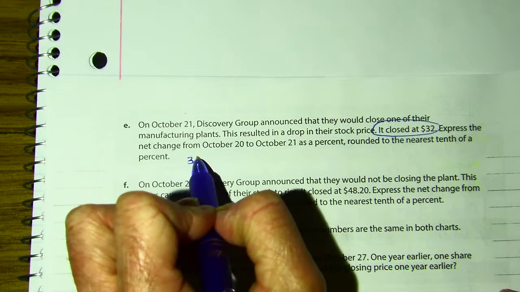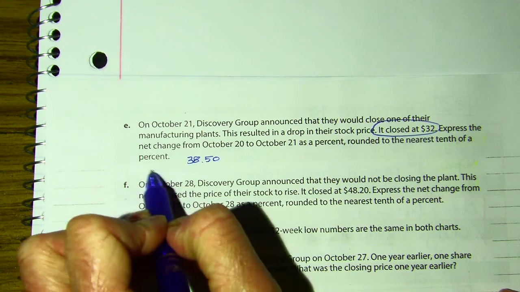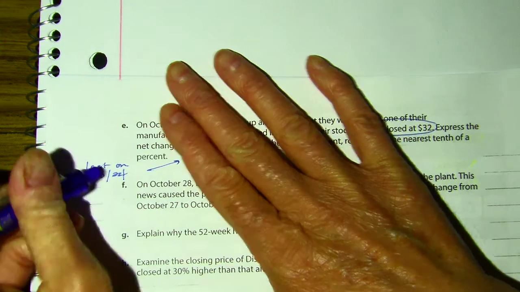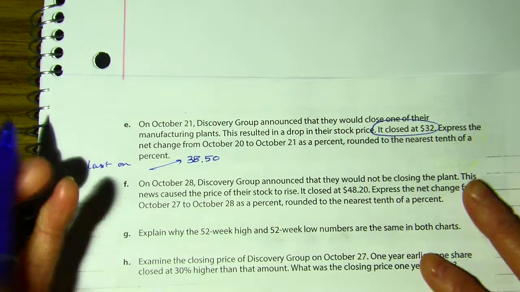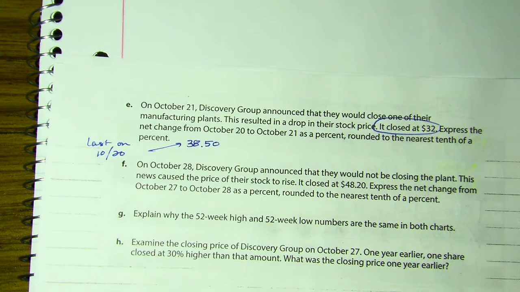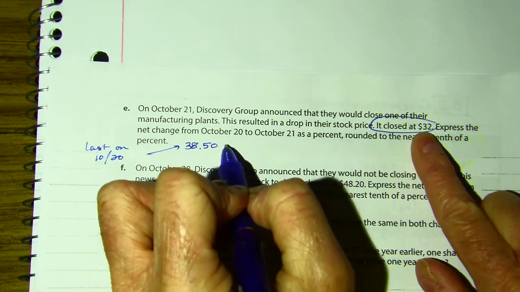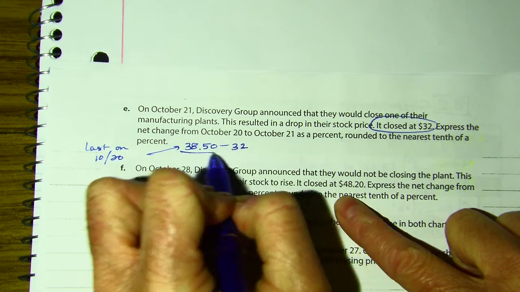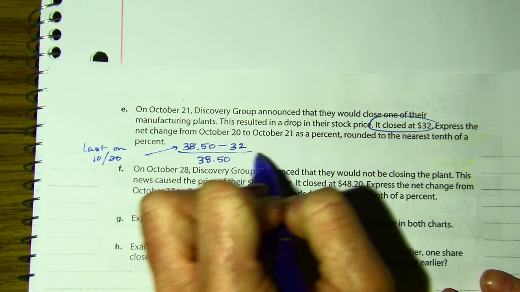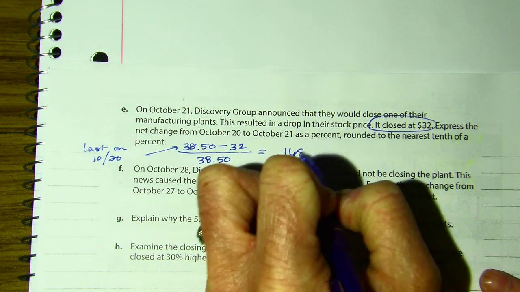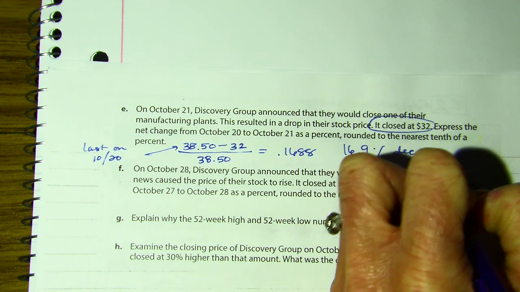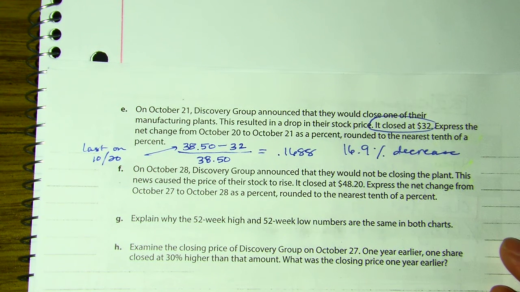And they're telling me it closed on the 21st at 32. So I'm going to find the difference and then divide it by the original, the 38.50. If I enter this, I get 0.1688. So it decreased by 16.9%.